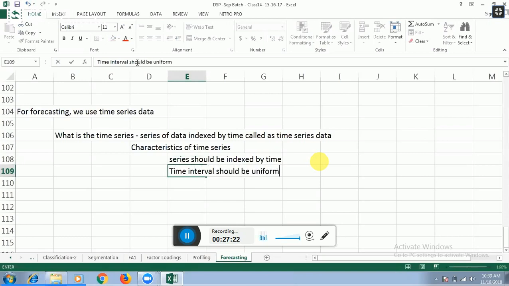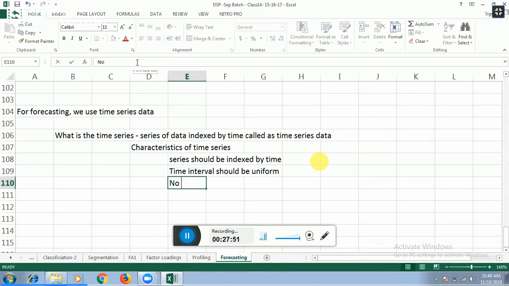What does that mean? If you have data on a monthly basis, all the data should be monthly. If weekly, all weekly. I don't mind what level of granularity you have, but all of them should have uniform intervals. One observation for a month and one observation for a quarter will not make sense. Is it clear? So that is the second thing.